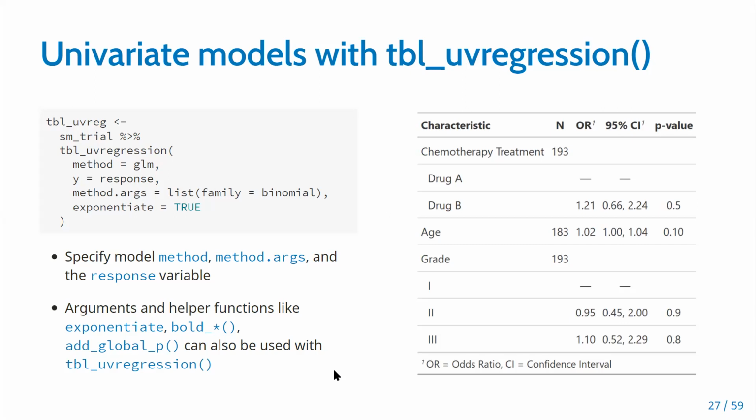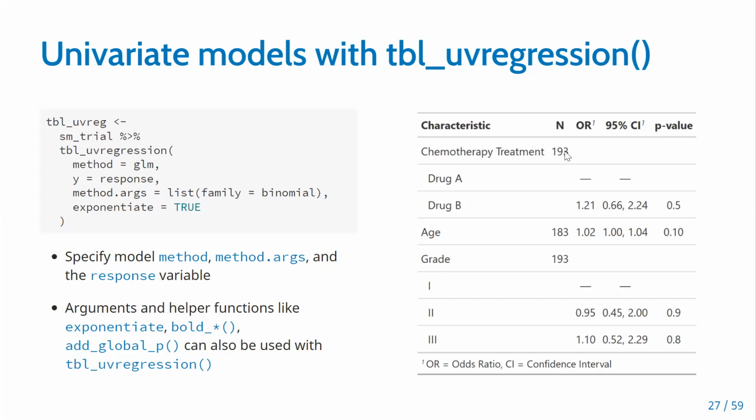So in this example, we're passing the small trial data set. We are going to be using GLM function, so method equals GLM. Our outcome is response, once more, so y equals response. And method.arg is a list of arguments that will be passed to GLM. What it's going to do is use every other data column in the data set as a covariate, and it's going to build a series of univariable regression models.